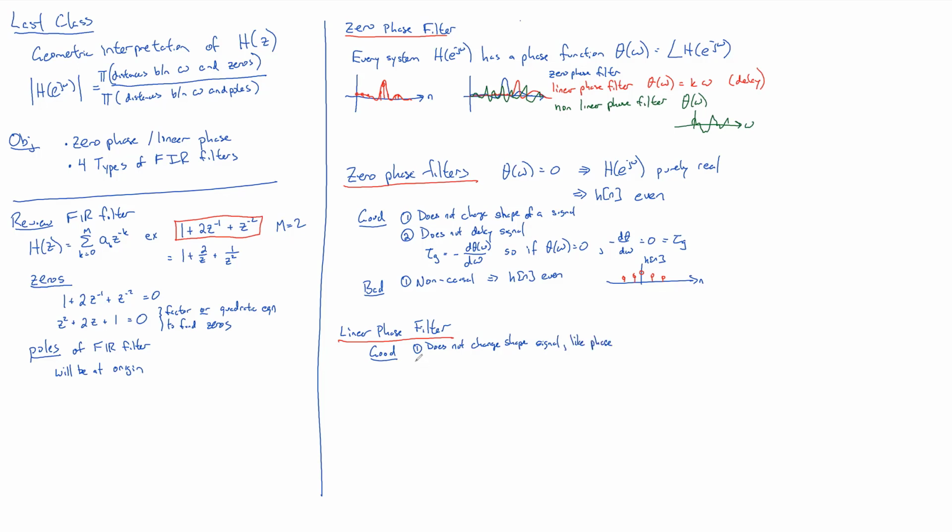I just want to remind everyone again, it might make the signal smaller or larger depending upon if it's in the pass band or not. But as long as you've got an entire signal that's in the pass band, it will not modify the shape at all. And if it's in the stop band, it'll change all the frequencies that are in the stop band by the exact same amount.